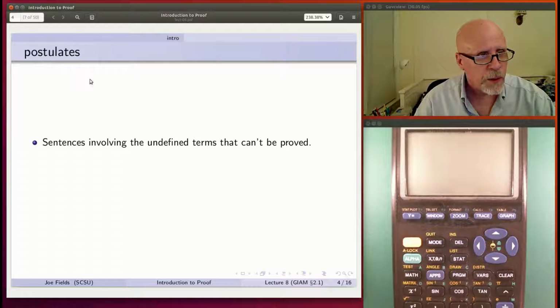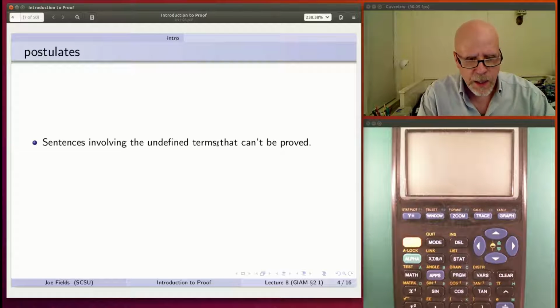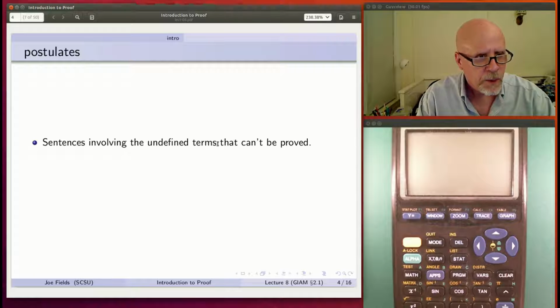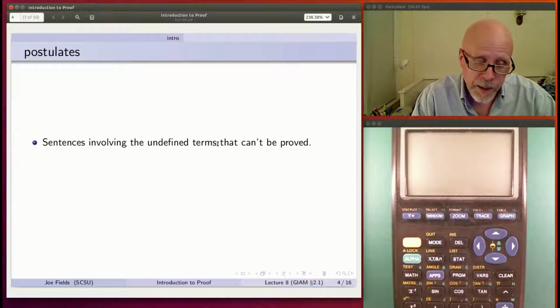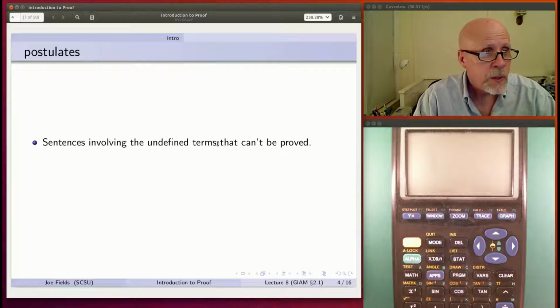Yeah, in Euclid, we already saw these postulates. Now, I think my take on it is if you've got a sentence that involves the undefined terms, but you can't figure out any way to prove it, it doesn't seem to follow from other postulates that you've already accepted, then that means you've got to expand your list of postulates.